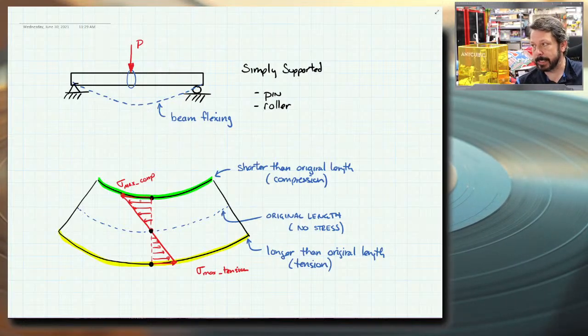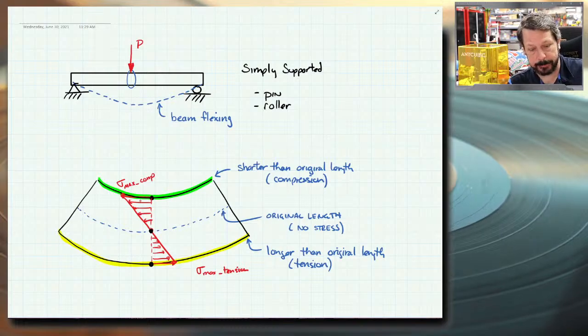And so beams that are bending have all compressive, so negative stress, zero stress, and a maximum positive stress, and then everything in between those two maximums throughout the cross section of the beam.